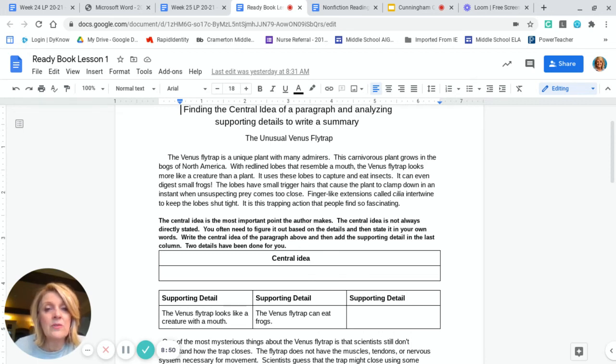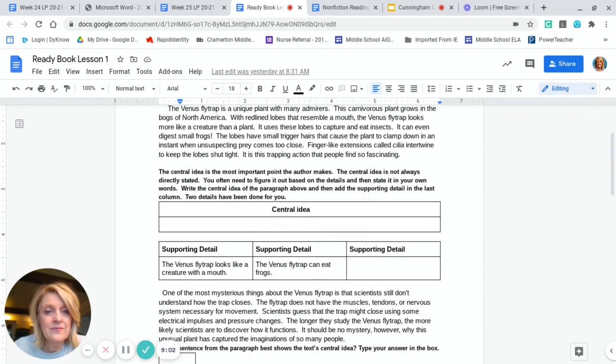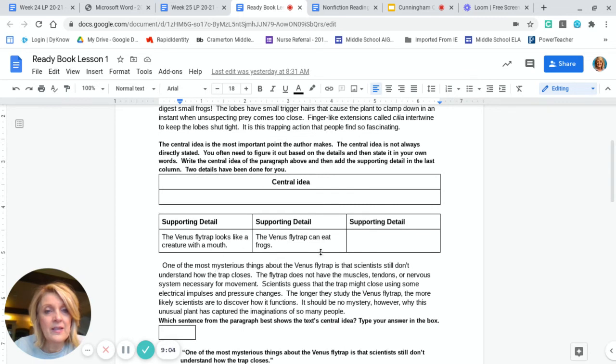And you're going to write the central idea of the paragraph above, and then you're going to add the supporting details in the last two columns. So right here in this little box, you're going to type the central idea, and in these boxes here, I have put down two supporting details. You're going to add the last supporting detail that was in this paragraph above.